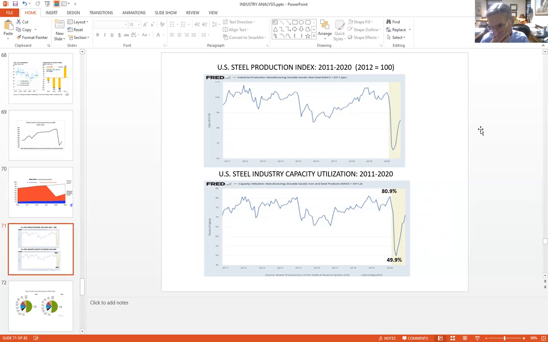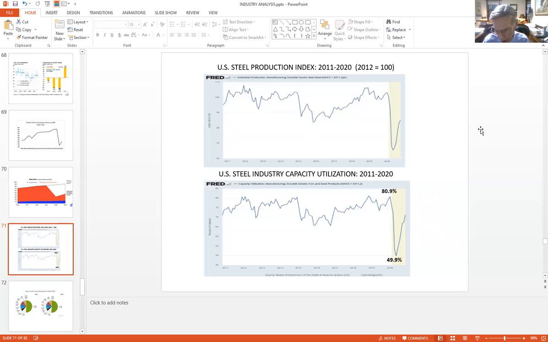In any event, whether it's due to automobile construction or commercial buildings construction, the demand for steel has really dropped.